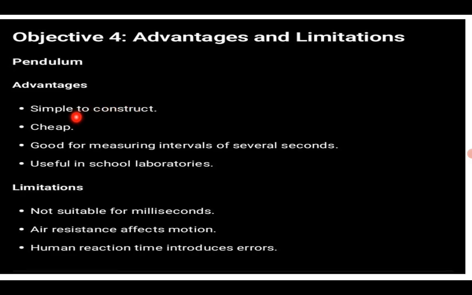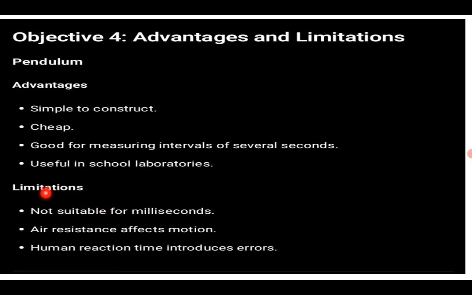Namely, it is simple to construct, very simple to construct. You just need a bob, a light string, attach it to a support, and you are done. It's cheap, good for measuring intervals of several seconds, and is very useful in school laboratories.